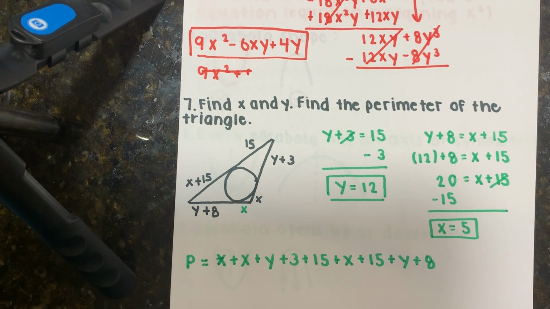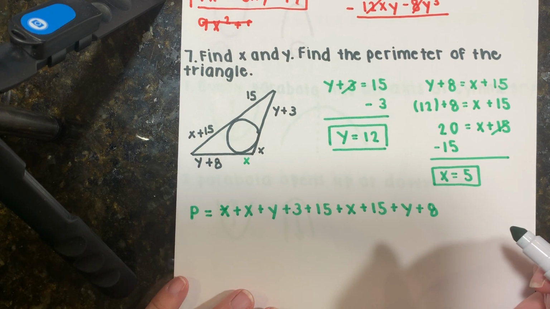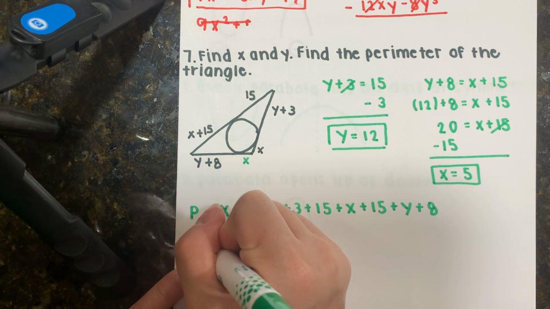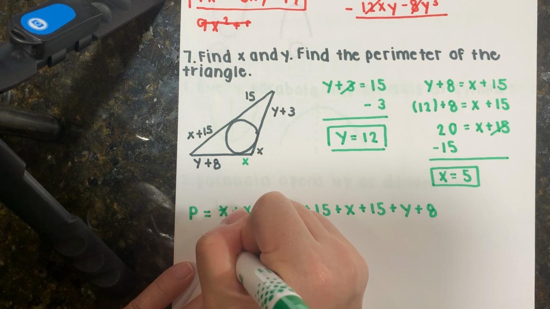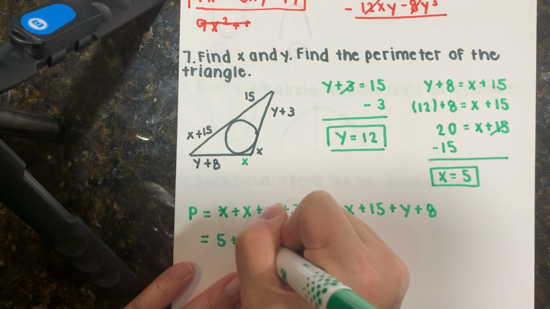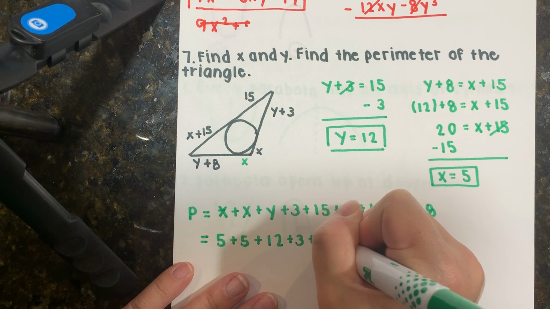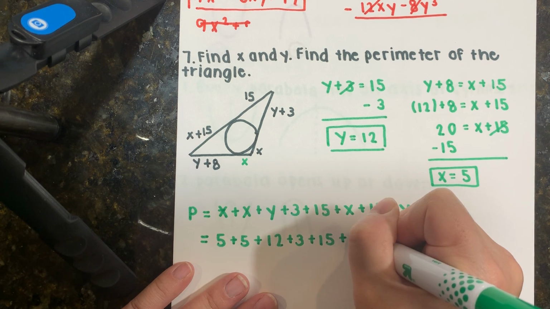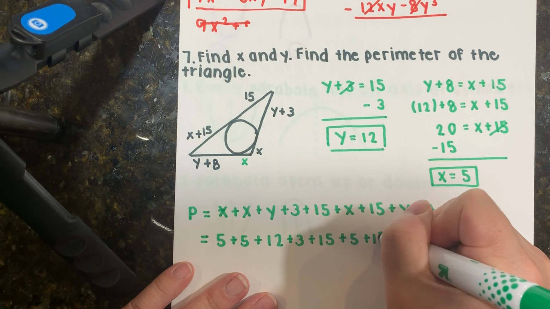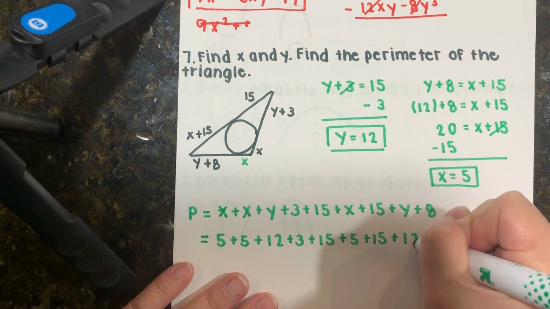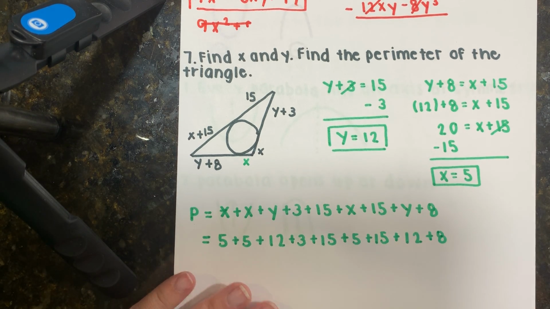So I'm just going to plug in all my variables that I know. I know what x is equal to and y, and then use my calculator. So x is 5, so 5 plus 5. y is 12 plus 3. x again is 5 plus 15 plus y plus 8.